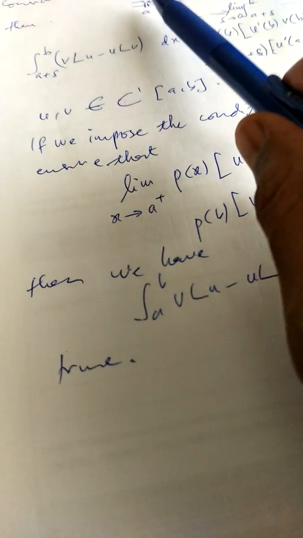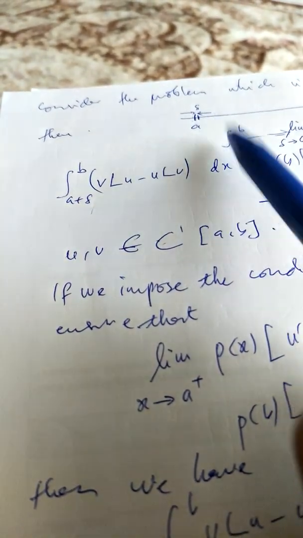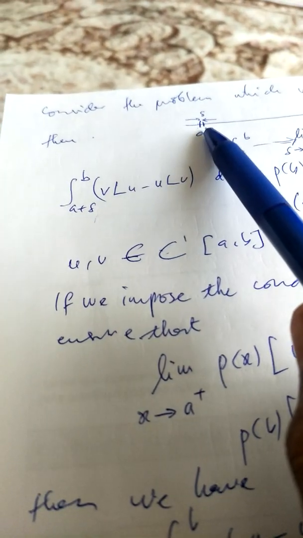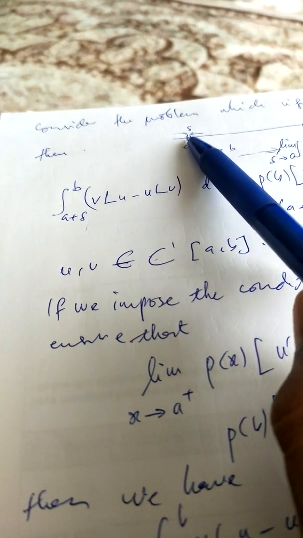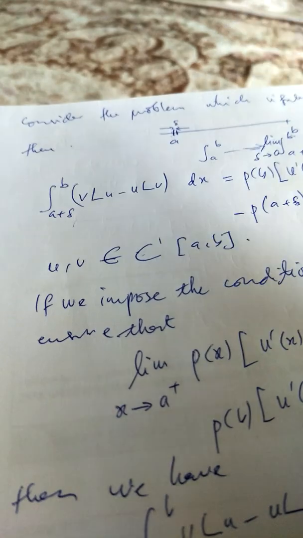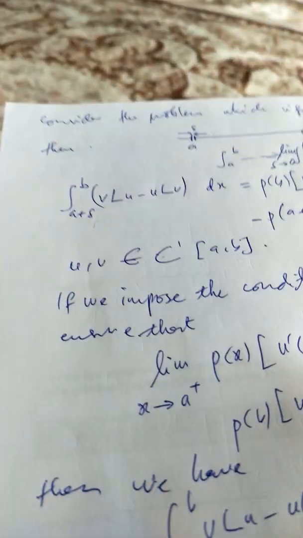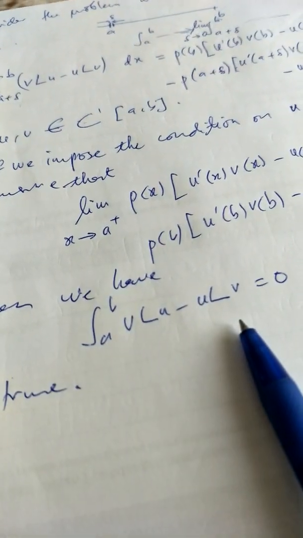So what does it mean? It means that even though we have a singular problem at point a, since we remove exactly the point a, add a little bit small amount delta there and make delta close enough to 0, then we can make this singular problem still self-adjoint.